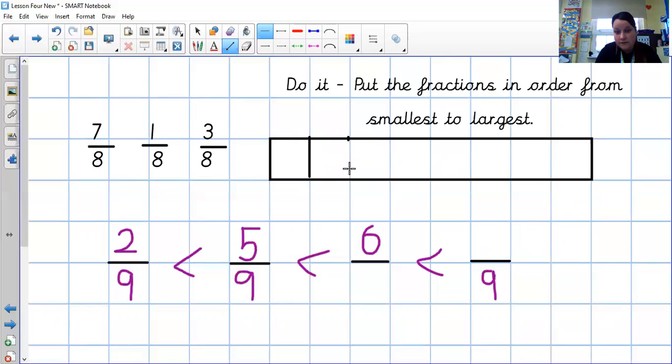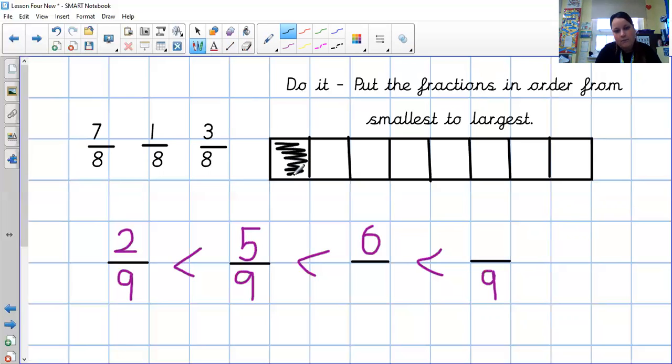I'm going to split or divide my whole into 8 equal parts. And for 1/8, I am interested in 1 out of those 8 equal parts. So I am going to shade in 1. Now, if I've ordered them correctly, we should, as we show 3/8, have more of those equal parts shaded in. So let's check. 3/8.